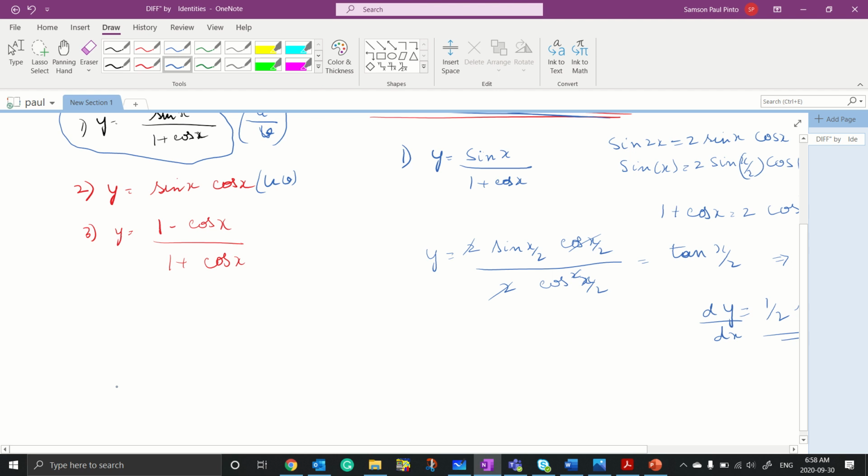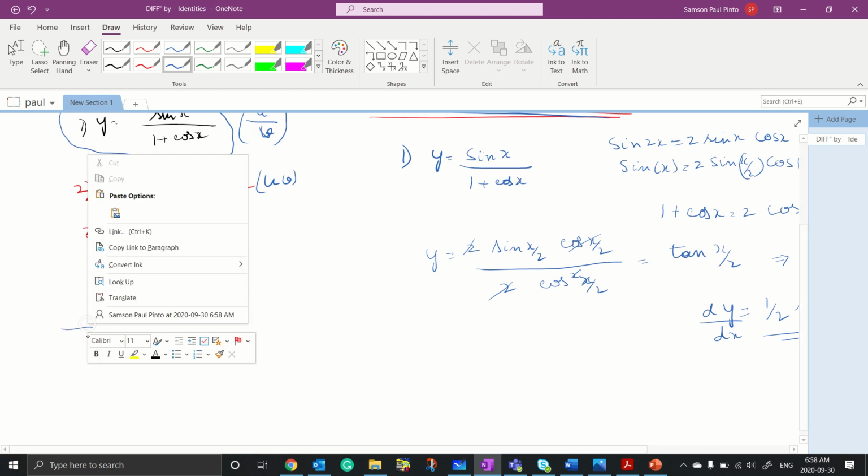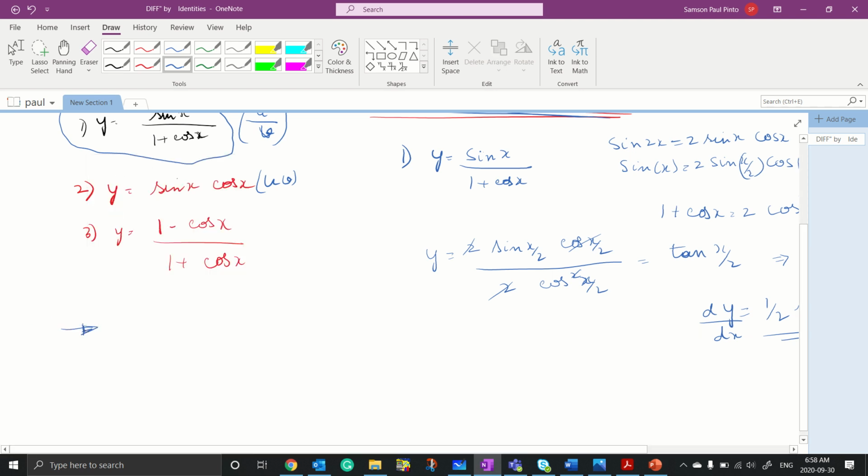The basic rule here is that you use some form of trigonometric identity to solve the problems.